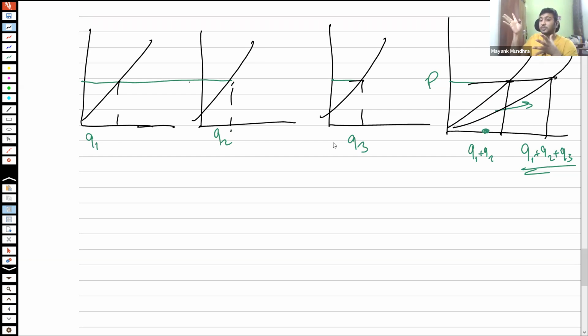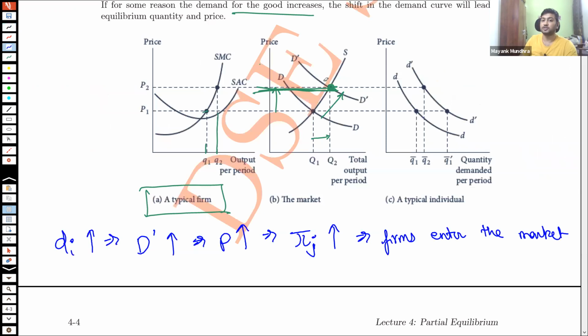So the supply curve becomes flatter and shifts right. It will be upward sloping, but it will become flatter and shift right. So the supply curve will now look like this. And in fact, it will keep going right. More firms will keep entering till you reach the initial price level.